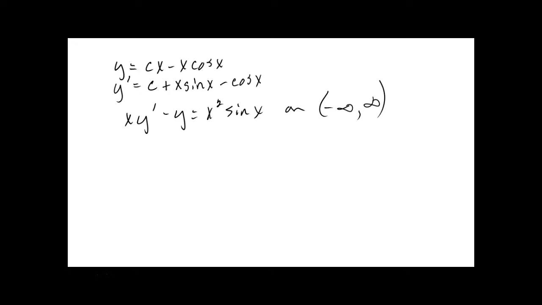So let's see if that works down here. So this would be x times that. That would be cx plus x squared sine x minus x cosine x. Minus y is minus cx, you could put the y in parentheses or just remember your signs, plus x cosine x.